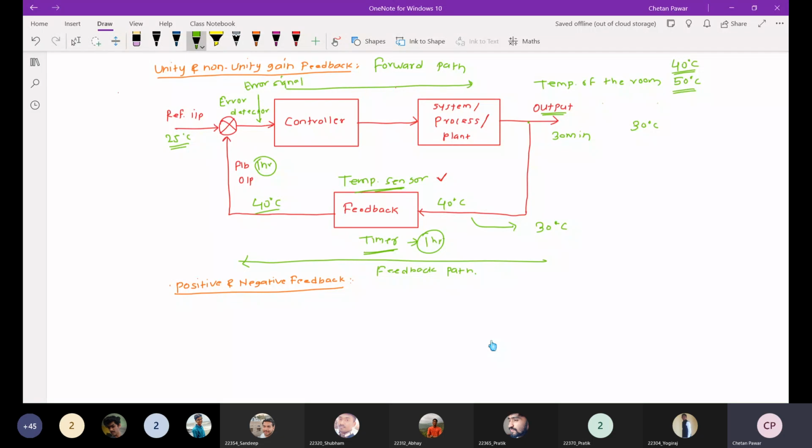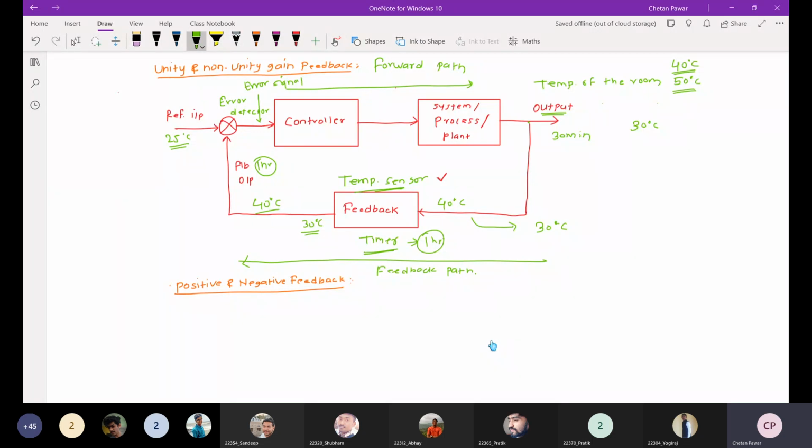So if it takes 30 degrees Celsius as an input and gives 30 degrees Celsius as an output, that feedback is called a unity gain feedback. Means the sensor is measuring 30 degrees Celsius and it is also giving 30 degrees Celsius to the error detector. After that, the error detector will calculate the difference. It will apply that difference to the controller input, and the controller will drive that process.